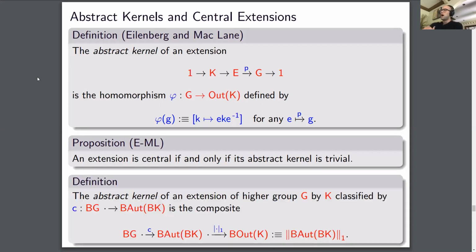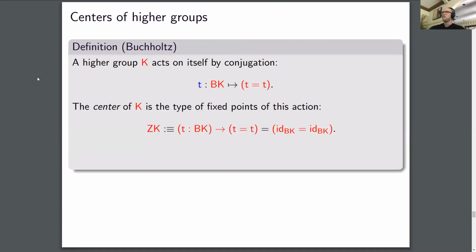And so we can define the abstract kernel very easily of a higher group extension, right? So if we have a higher group extension, by higher Schreier theory, it's classified by this homomorphism from G to Aut BK. But we also have this other homomorphism, namely the 1-truncation, which goes from Aut BK to Out K. And so we just take the composite, and that's our abstract kernel. And so using that, we can talk about central extensions.